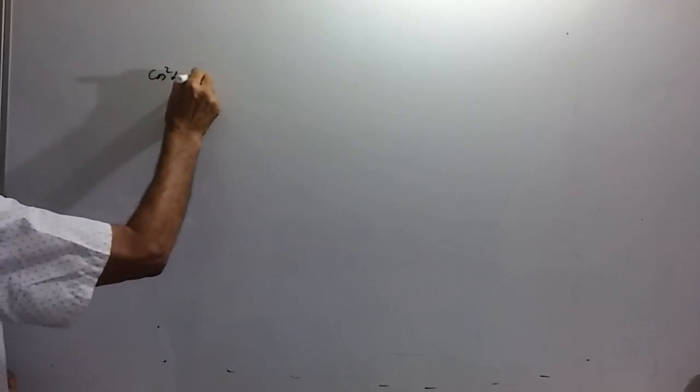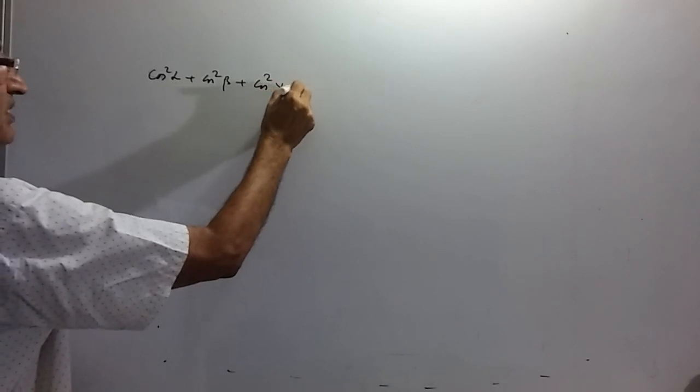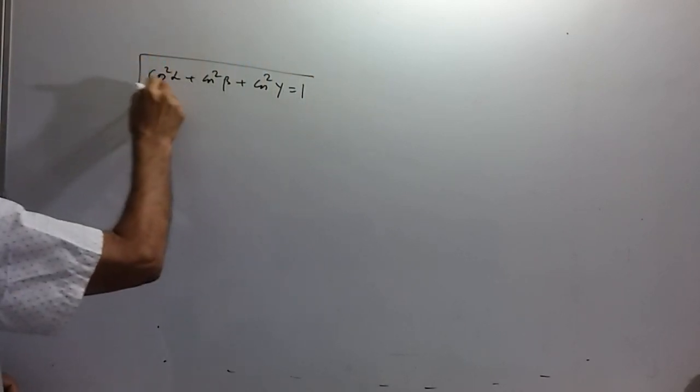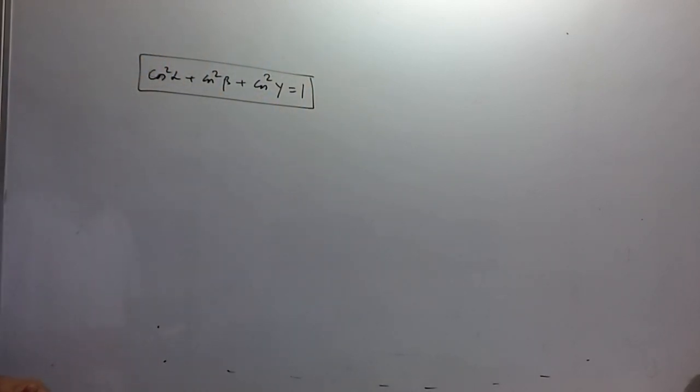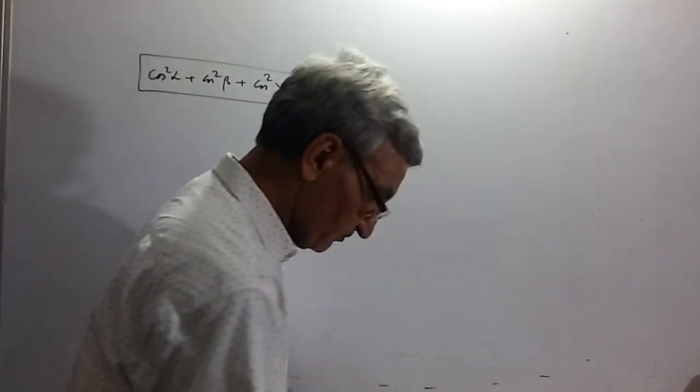Remember, the sum of the squares of directional cosines is equal to 1.